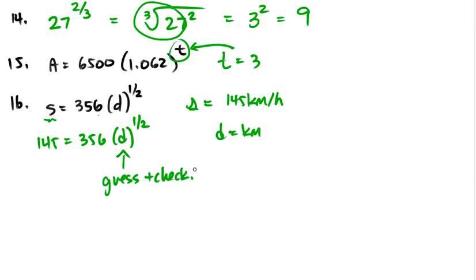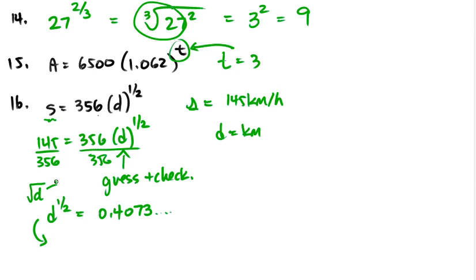That's fast. You can divide both sides by 356. Dividing both sides by 356 will give you d to the 1/2 equals approximately 0.4073 and a bunch more decimal places. To go from a square root of d to a whole d, we actually want to square this side, and you'll notice 1/2 times 2 multiplies to d to the 1, and if you square one side, you have to square the other side.